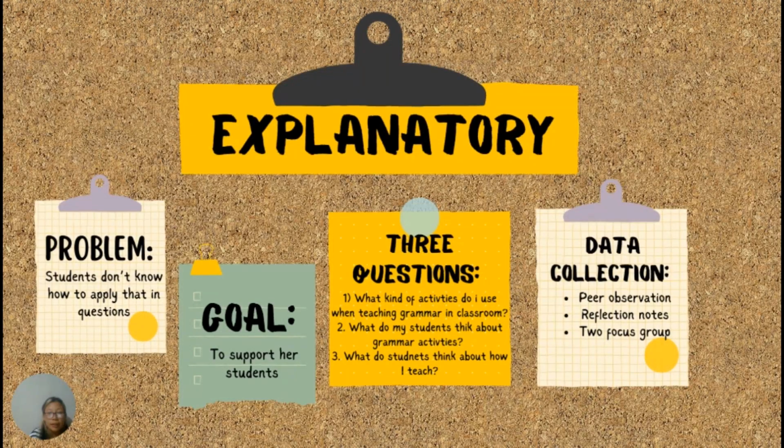She recognized the grammar was important or relevant to become a teacher because their students had a final evaluation. After that, we have the goal. The goal was to support her students in reaching B1 level in English by the end of their studies. And she asked herself three questions that were important to mention, and we can look at them in the slides.